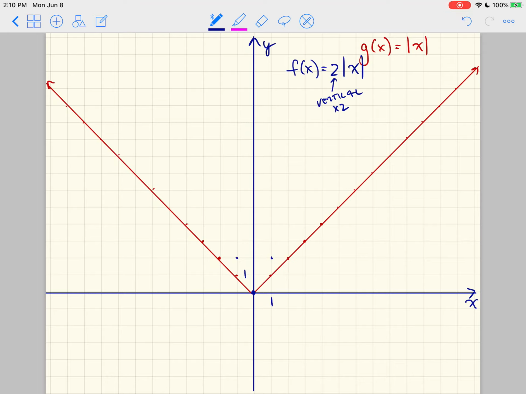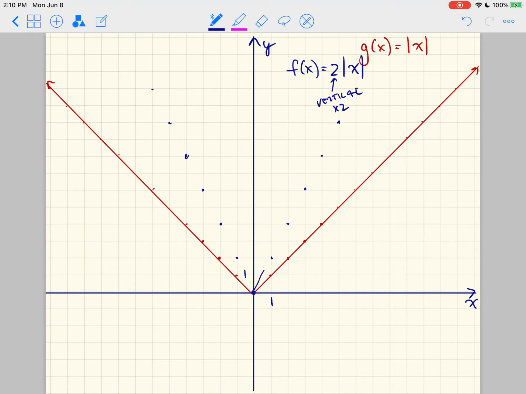So horizontally, I'm still going out 1 every time, but vertically I'm going up 2, out 1, up 2, out 1, up 2, out 1, and so on. I'll stop it there.